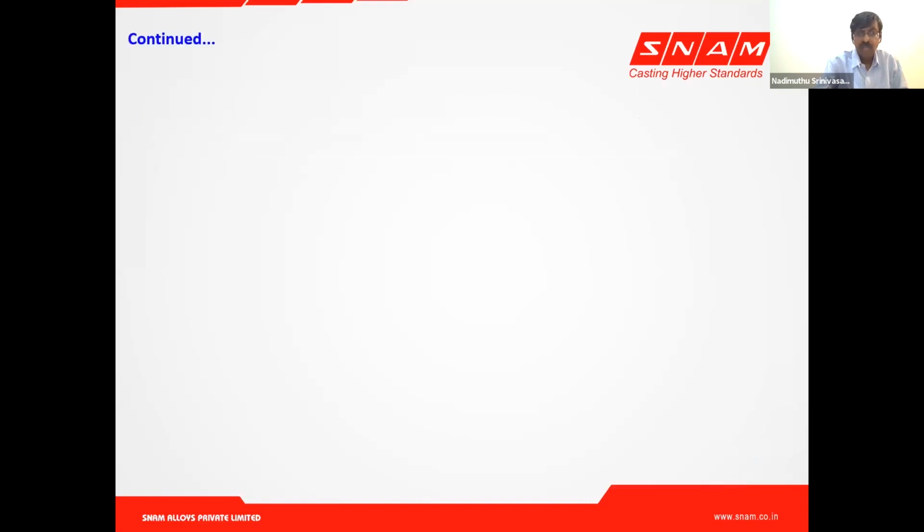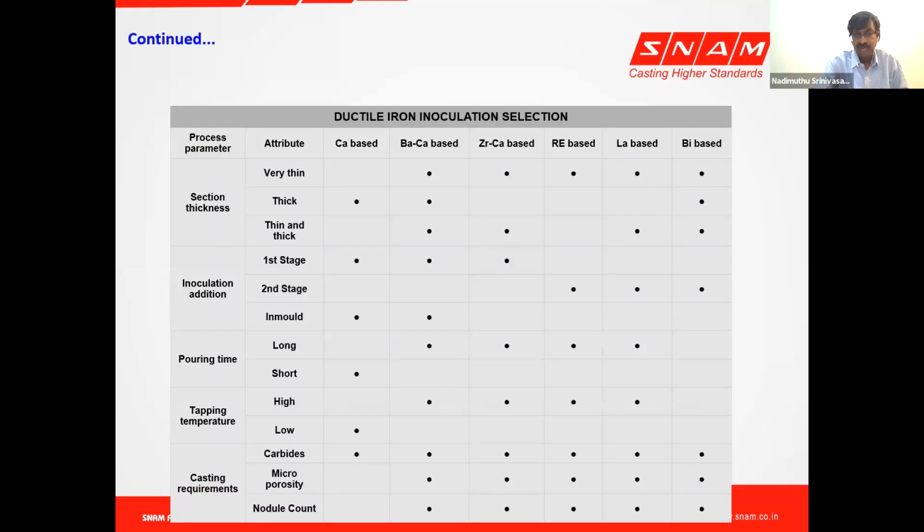Next, I will give you the chart for the ductile iron. So here you have the very thin castings, thick casting, thin and thick casting, because it varies in the ductile iron. The inoculation addition, whether it's the first stage or the second stage, or is it in mold. The pouring time, you have a long pouring time, short pouring time, high pouring time, high temperature. The long pouring time is never more than 8 minutes.